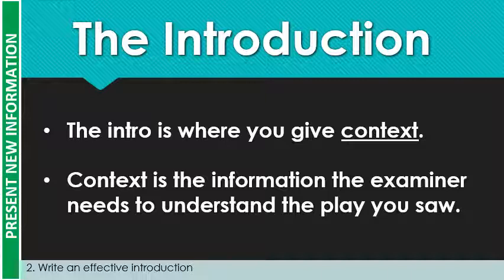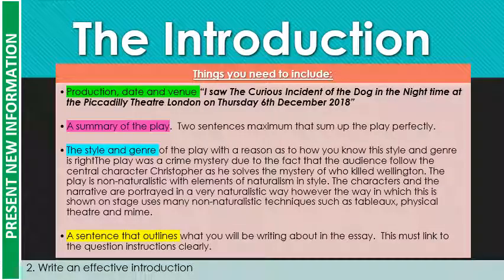So it needs to understand the name of the play you saw. It needs to understand when you saw it and what you think about it. So in the introduction, there are 4 things that you need to include. Number 1 is the production date and venue. Number 2 is a summary of the play. This is a maximum of 2 sentences.